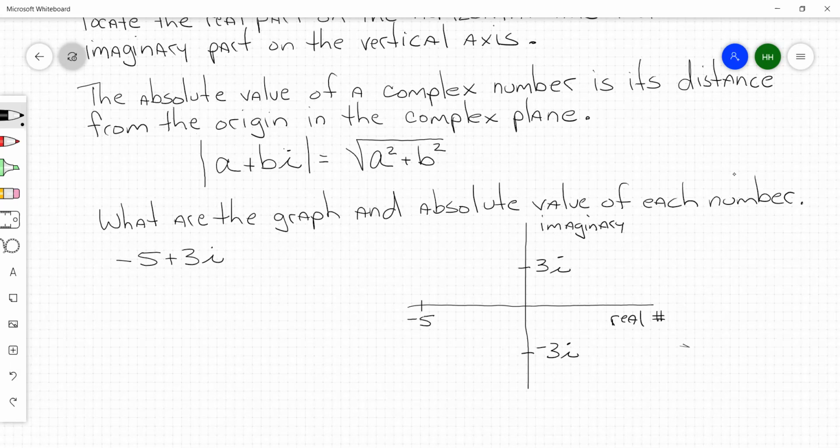So we go to -5 on the real axis and up to 3i on the imaginary. And we put a point right there. And that's your point, -5 plus 3i.